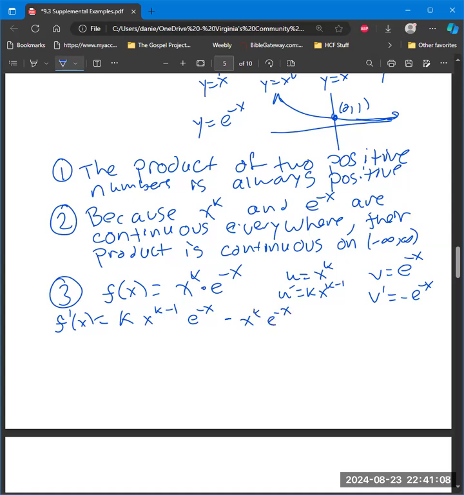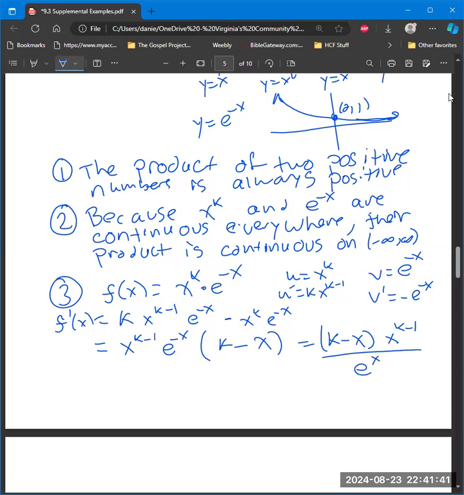Now we're going to factor that and say that there is an x to the k minus 1 e to the negative x that comes out and leaves me with k minus x left over. That's equal to (k minus x) times x to the k minus 1 over e to the x.